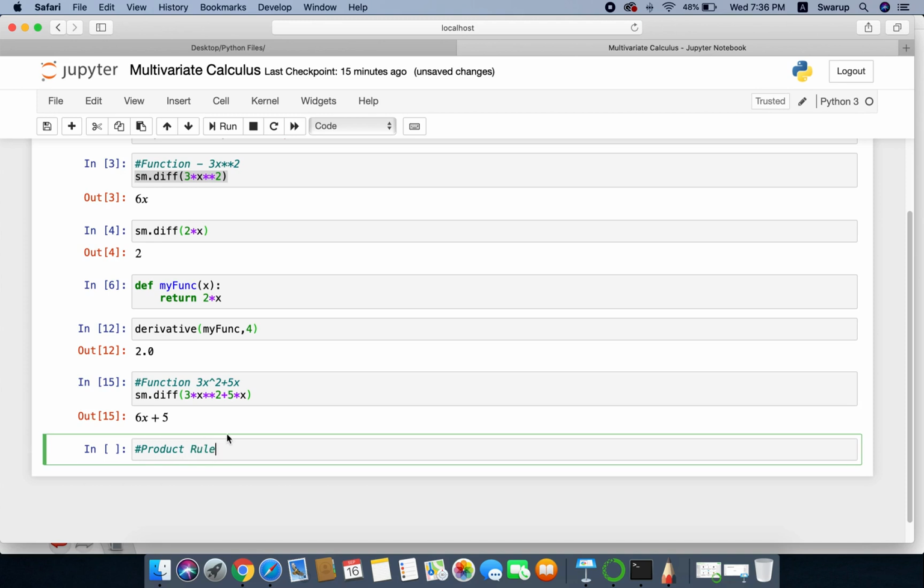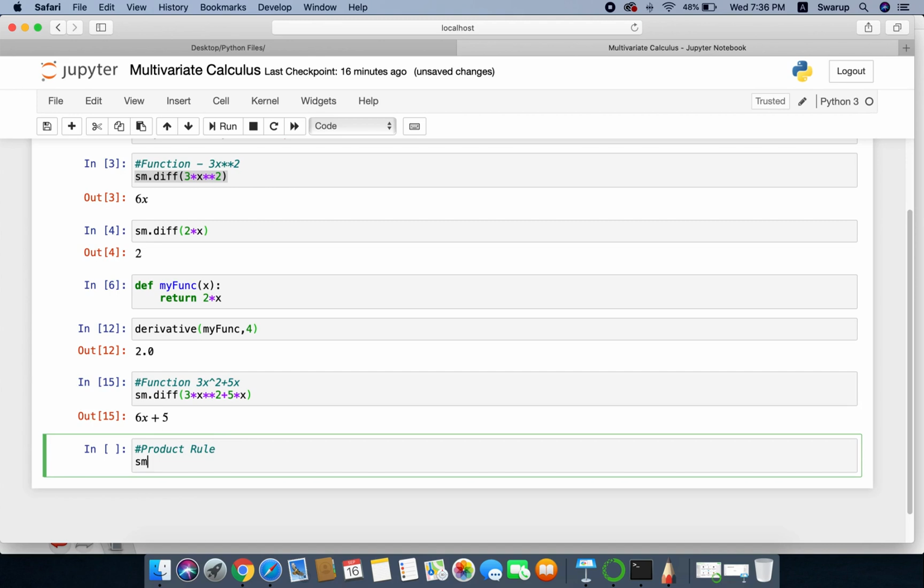For the product rule, I have two functions. The first function is x square plus 1, and my second function is cos of x.